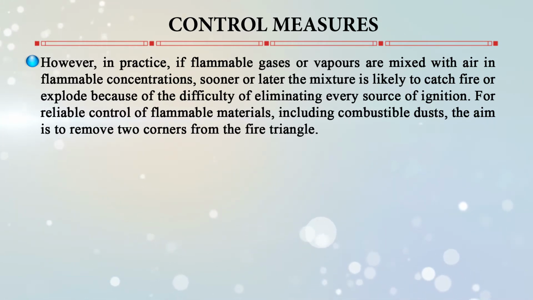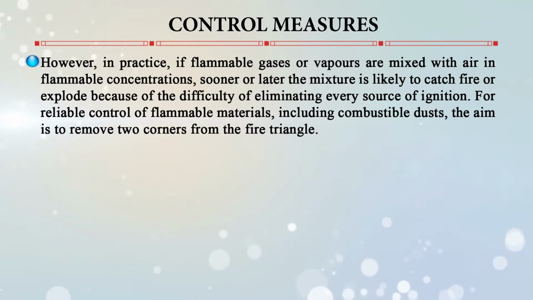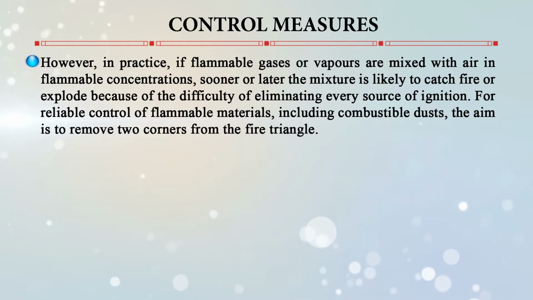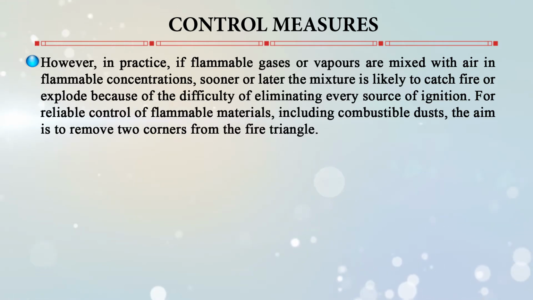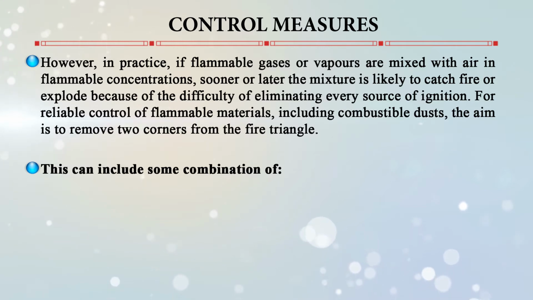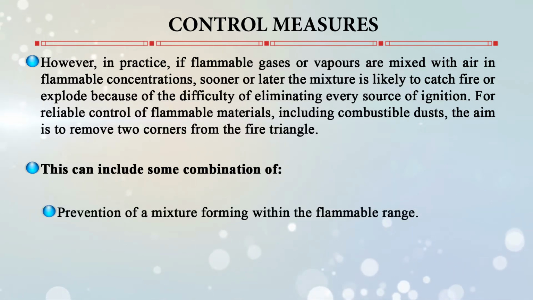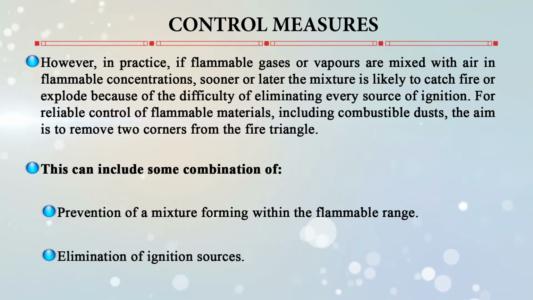For reliable control of flammable materials like combustible dust, the aim is to remove two corners from the fire triangle, so some combination of prevention of a mixture forming within the flammable range, and elimination of the ignition sources.